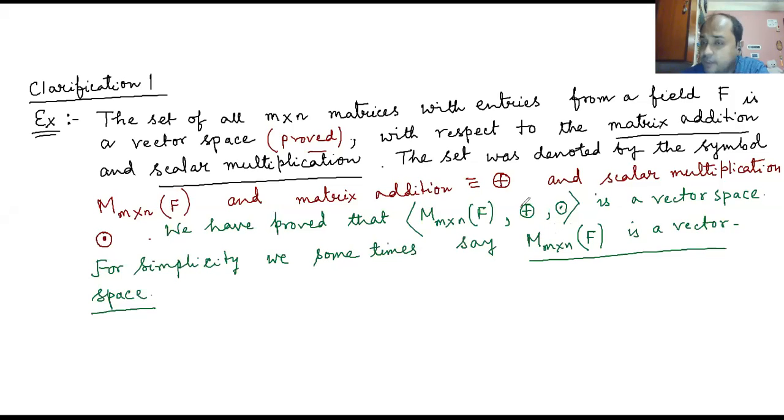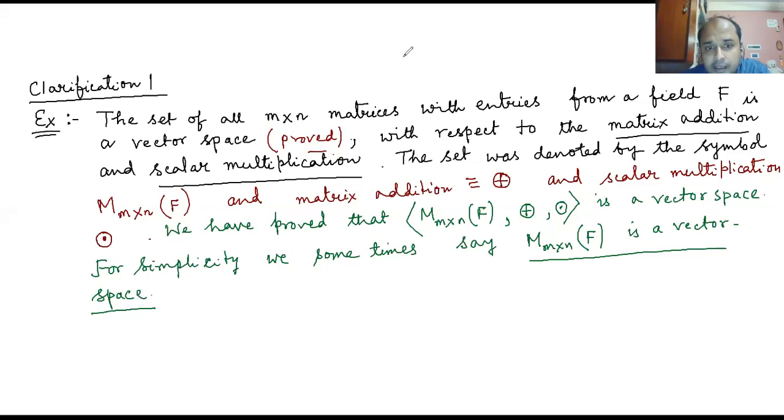One is vector addition, which is matrix addition in this case, and the other is scalar multiplication, when we multiply a matrix by a scalar. So we can explicitly write it in this manner, or sometimes we can write it simply without mentioning the operations. This particular issue has already been resolved.